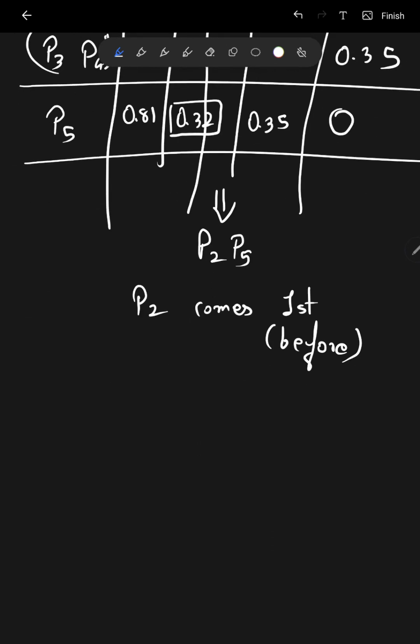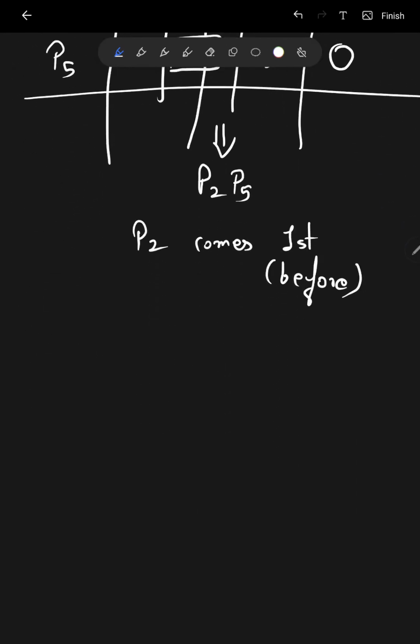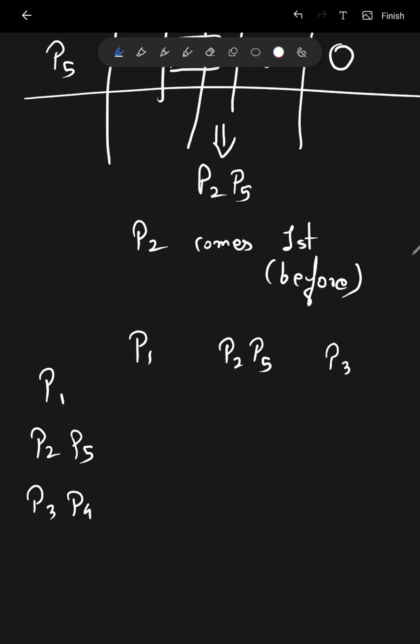Okay, so after cancelling, we will be combining P2 and P5. So again we can write P1, then it will become P2 and P5, then P3 and P4. Similarly here P1, P2 and P5, P3 and P4.